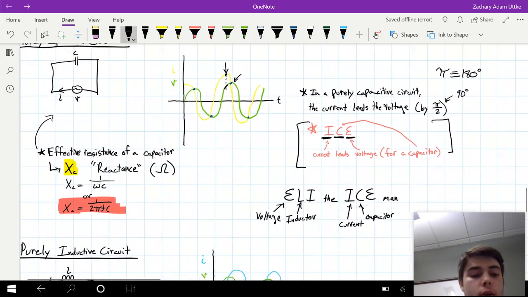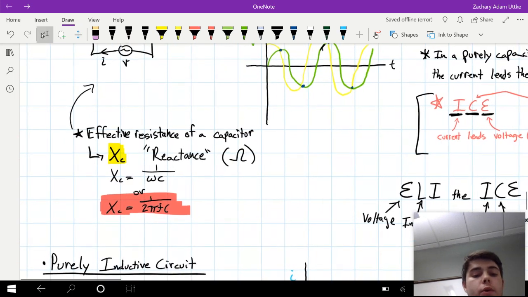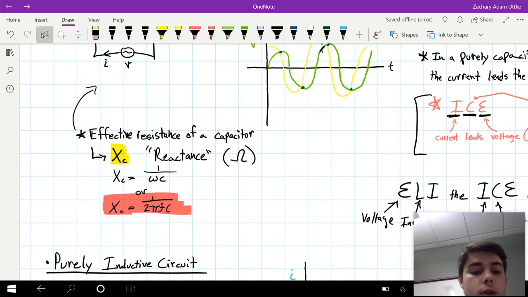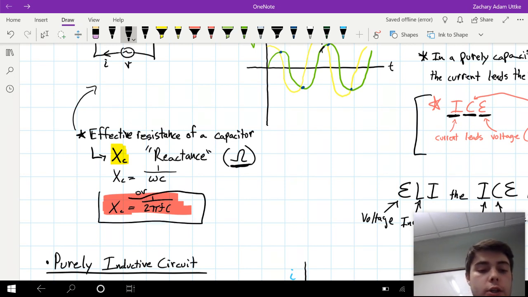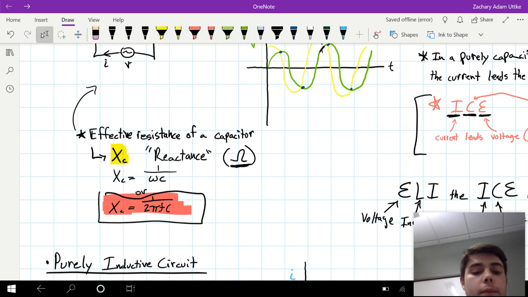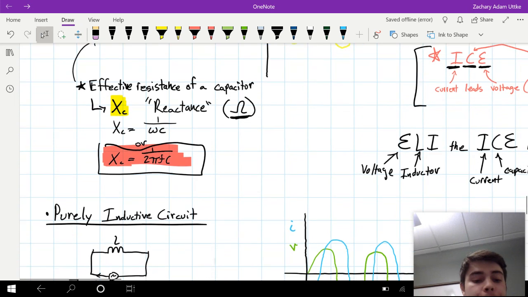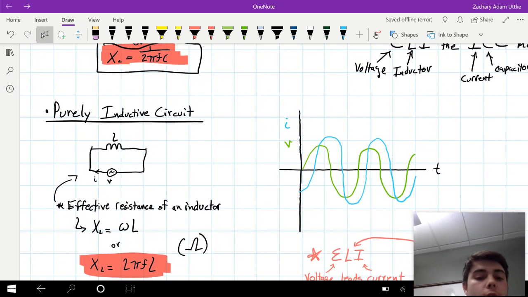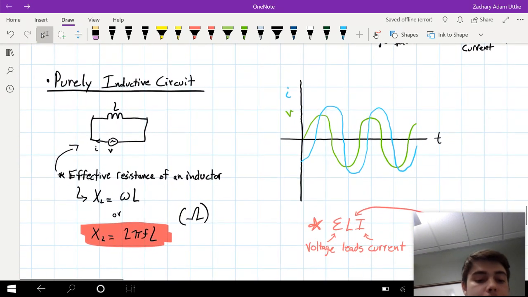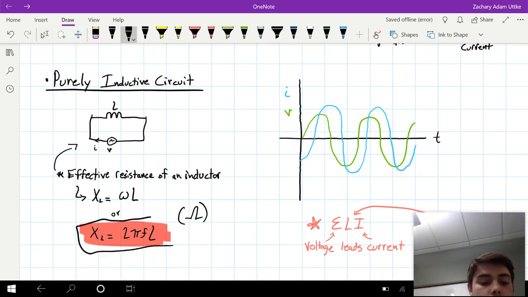Okay. And an important equation relating to this is the reactance. So that's the resistance created by the capacitor. It's measured in ohms. And this is the important equation that you'll have to use. X_C equals 1 divided by 2 pi f, the frequency, times the capacitance. And again, looking at the inductive circuit, we have this equation here.